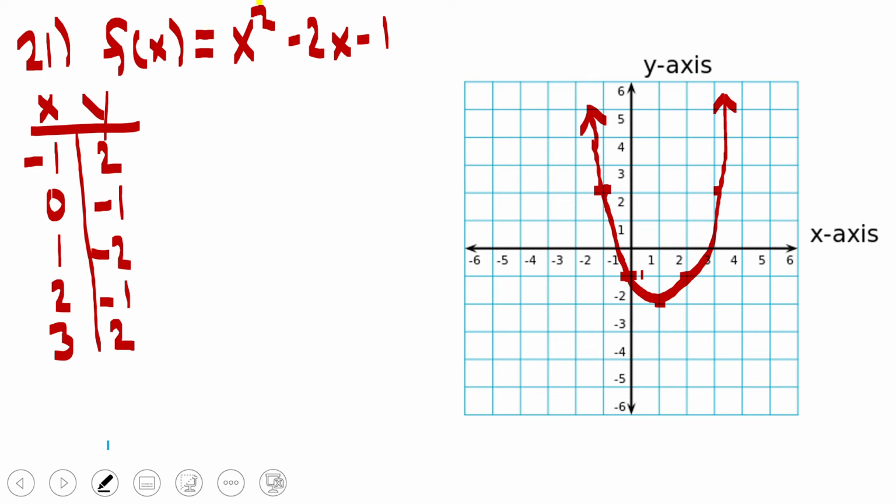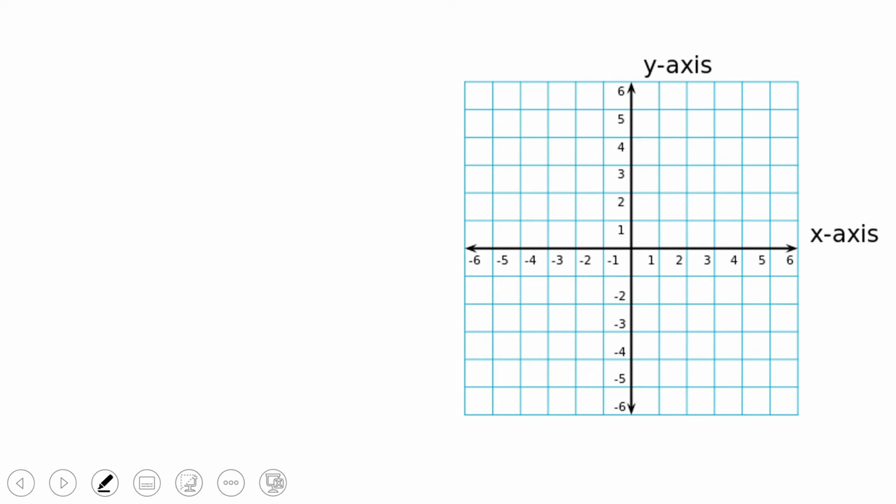If we move on to 27, we're asked to do a little bit more than that. We will also find points to plot, and then we will use some of our terminology for parameters of a parabola. So in number 27, we have the function of x equals -2x squared.